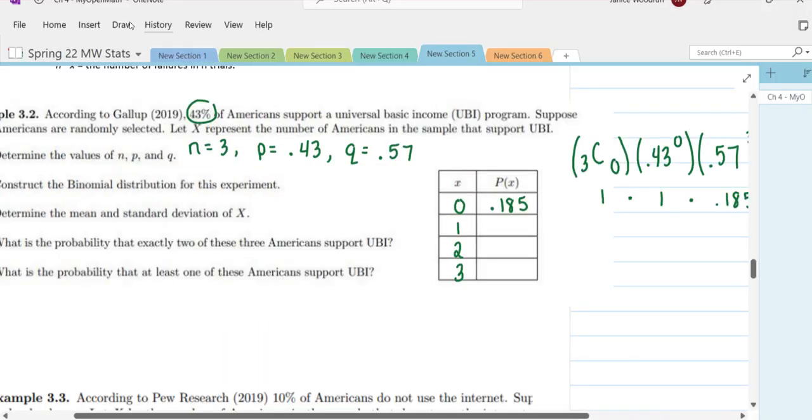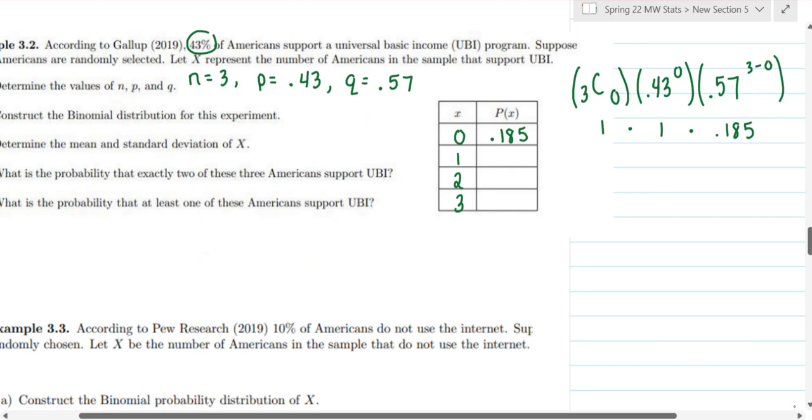All right, let me get a different color for 1. All right, now we're going to do 1. So you're just replacing the 0 in this formula with a 1. So 3C1, 0.43 to the first, 0.57 to the 3 minus 1.